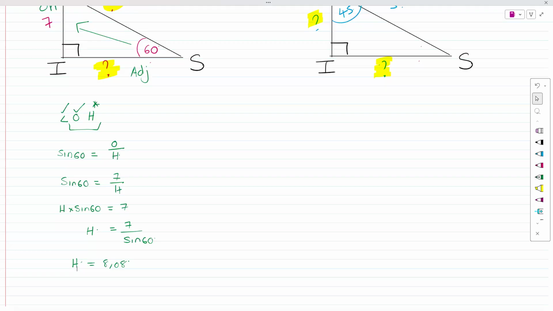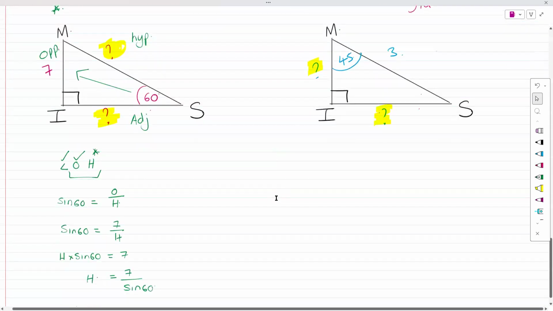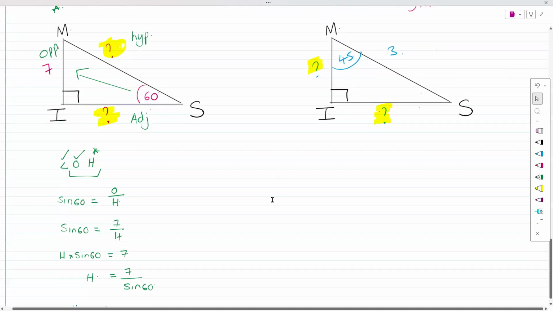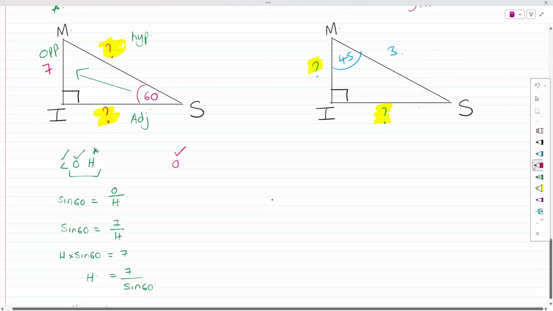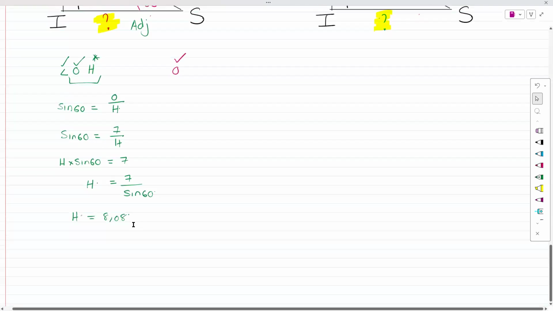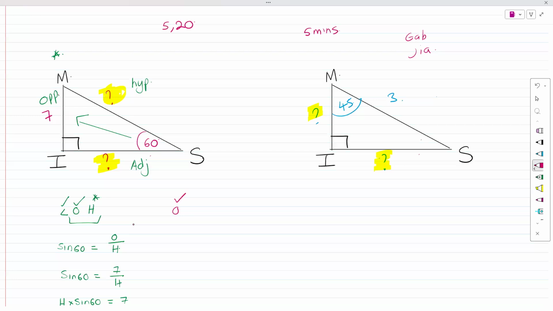Let's go with this question. So, Gia, what do we have in this question? We have the opposite and the hypotenuse. Okay, I accept that. I think you're missing something, a little bit of something, but okay.